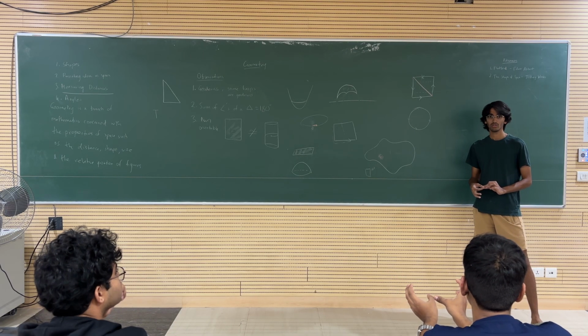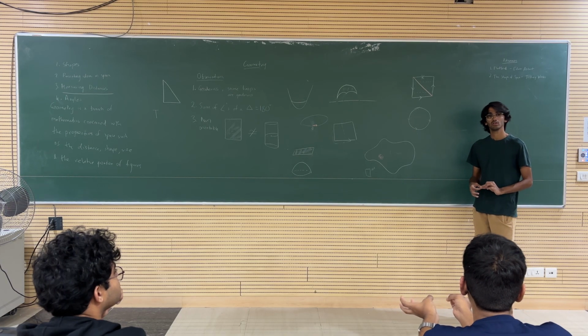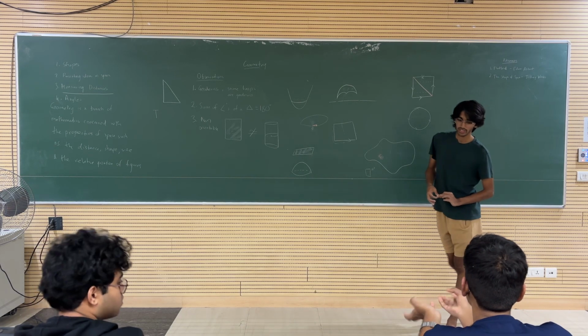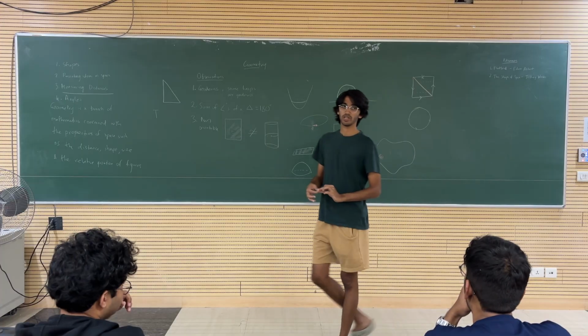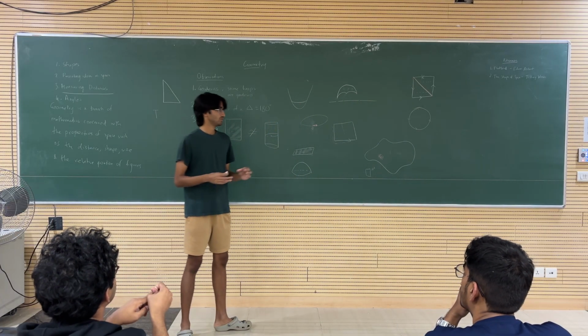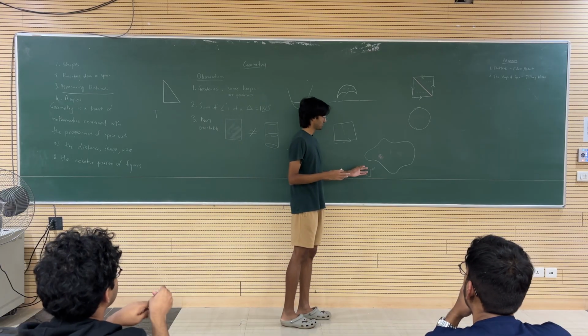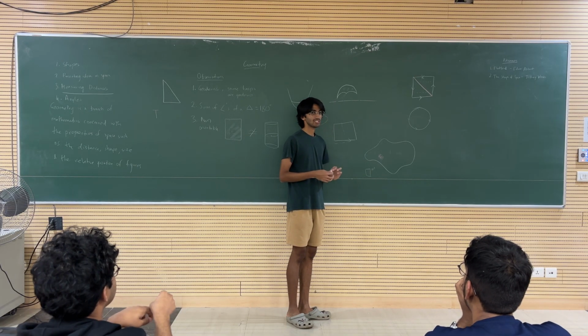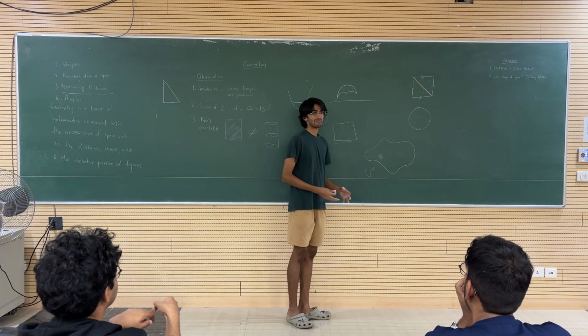No. The dimension is just a particular property of the manifold. Dimension is just a number which is equal to the dimension of the Euclidean space that it is locally the same as.